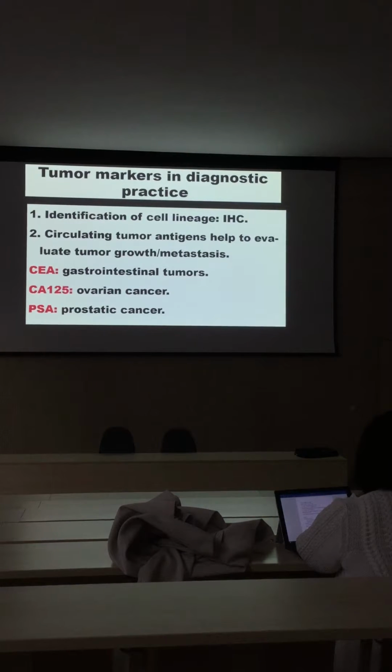They often are very useful if the primary tumor is removed. The patient goes back for control every 6 months, and the levels of these markers are checked.